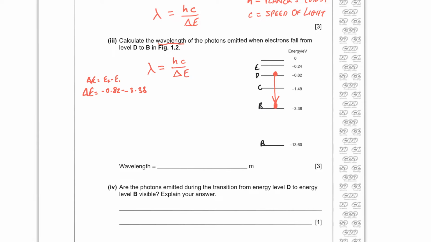So delta E is the difference between the two energy levels, which in this case is minus 0.82 minus minus 3.38. That gives us a delta E of 2.56 electron volts, and then we need to multiply by the electron charge to convert that to joules.